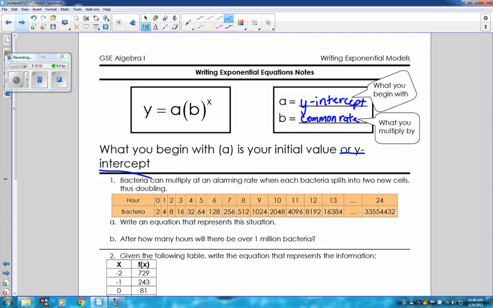Zero. So if I plug in 0 for x, anything to the 0 power is what? 1. So that means that if x is 0, this is going to be my y-intercept.